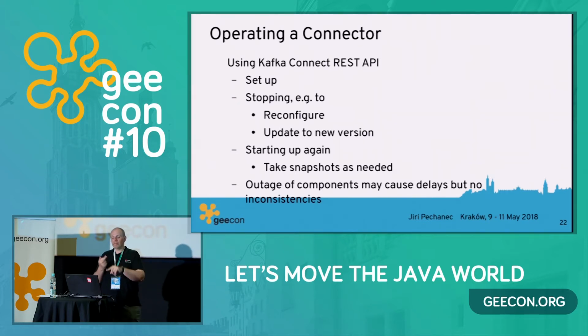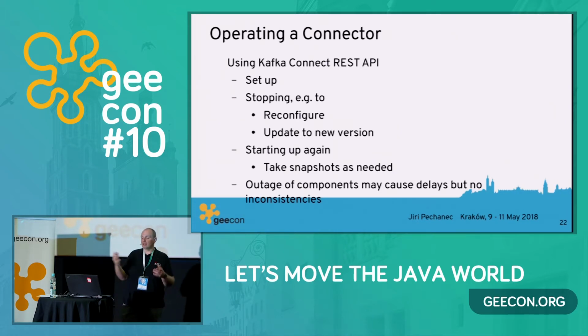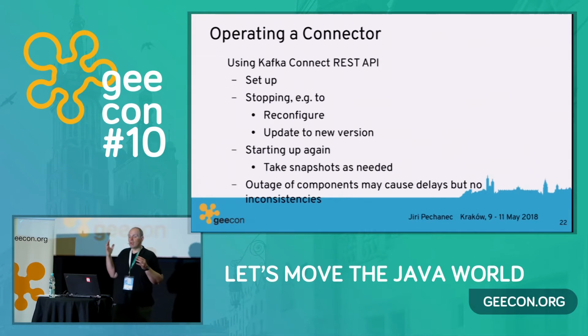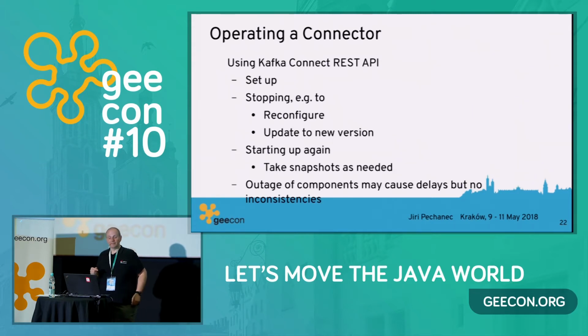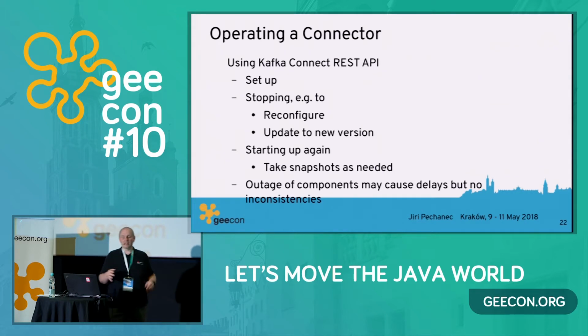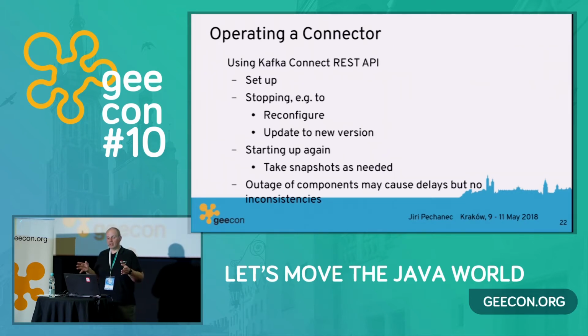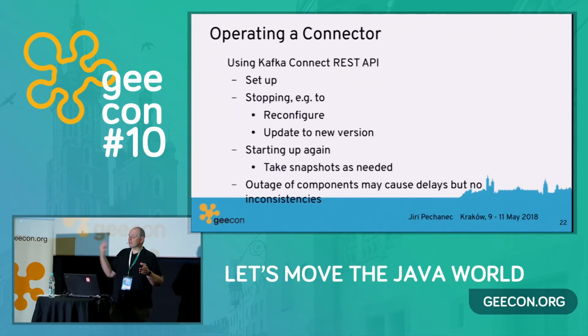So stop it, resume it, remove it, restart it again, and it also supports a subset of monitoring values. What is interesting in the connectors is that whenever one of the components in the system dies, it will not create any inconsistency, but it will just create a delay in delivering the events.